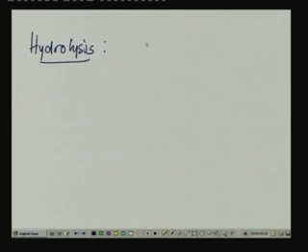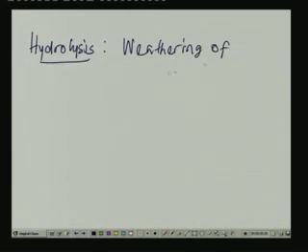Let's consider hydrolysis. This one was already shown to you when we were considering the weathering of feldspar, weathering of potassium feldspar or orthoclase.